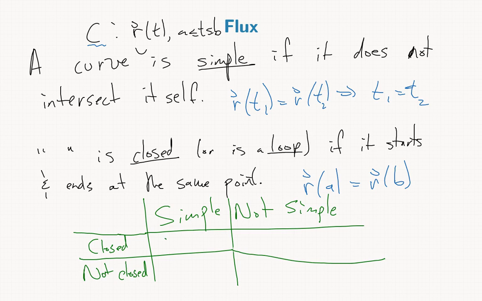So here would be an example of a simple closed curve. Here is a closed curve which is not simple. Here is something which is simple but not closed, and here is something which is not simple and also not closed.